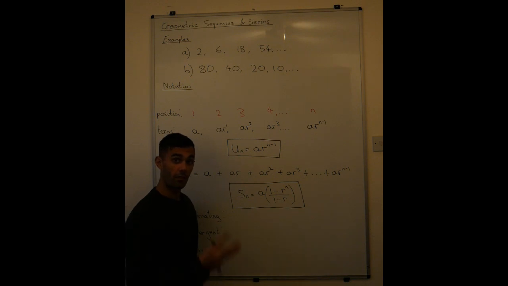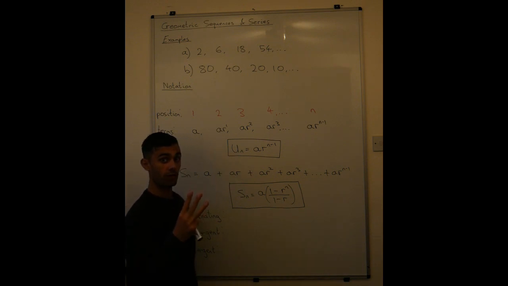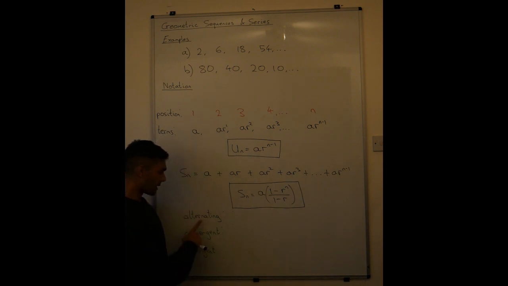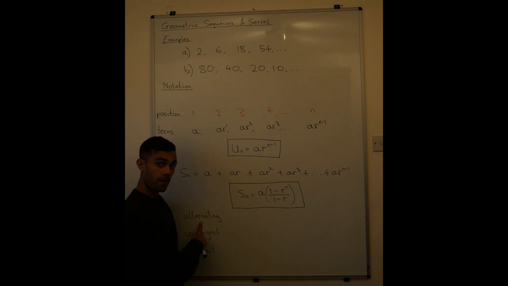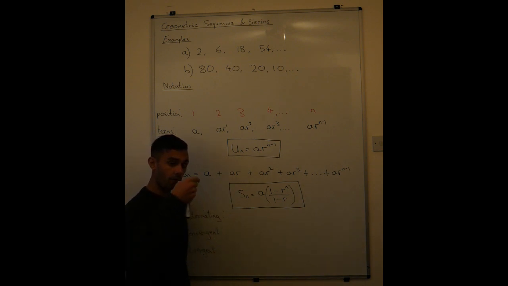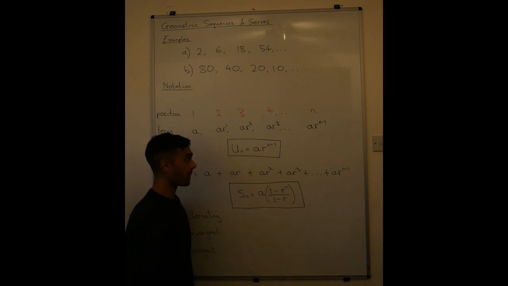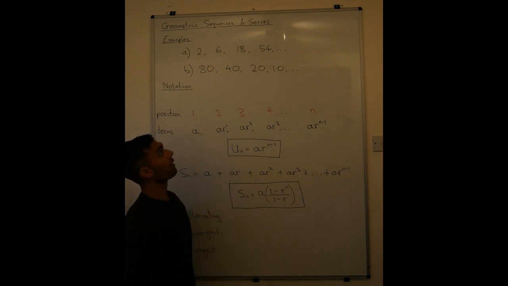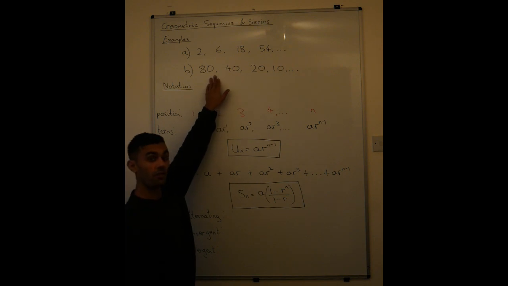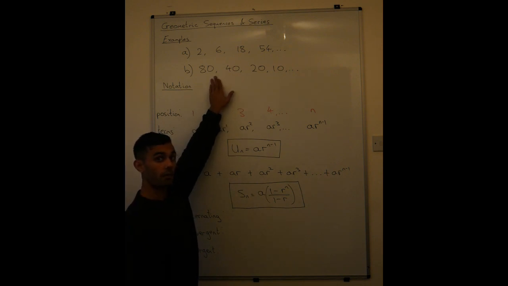And finally, there are 3 words you must be familiar with to describe geometric sequences and series. Firstly, when is a series alternating? That's if the terms go from positive to negative to positive to negative. And the question is, what's the condition for the terms to alternate? It's if you're timesing by a negative number.